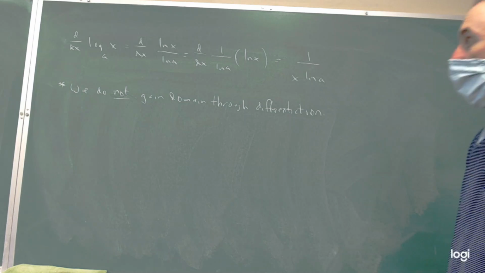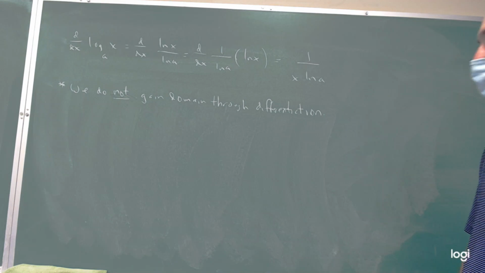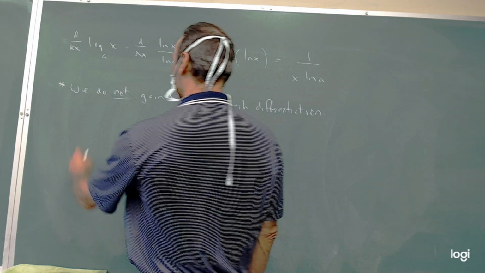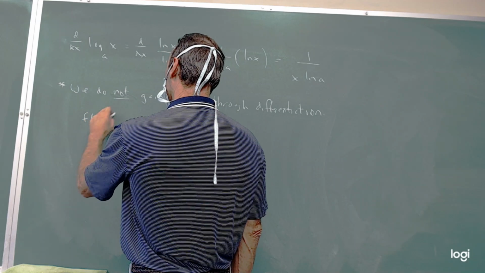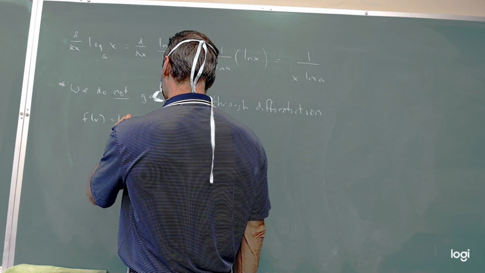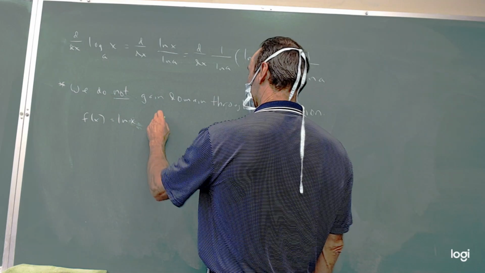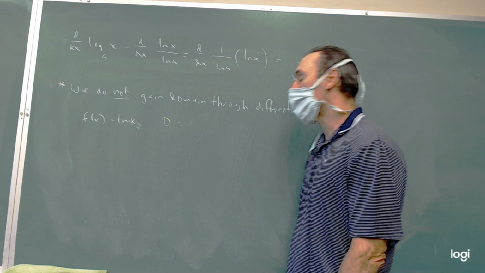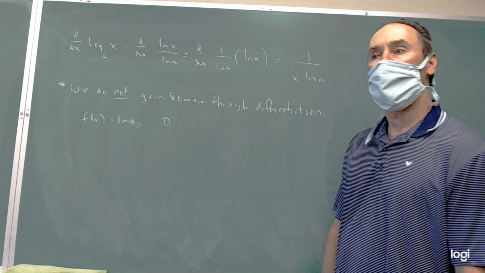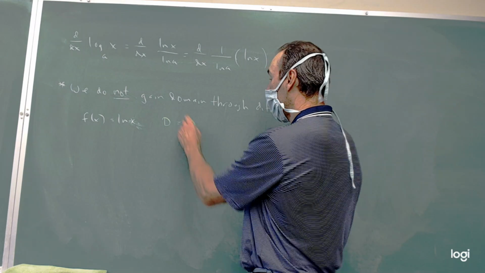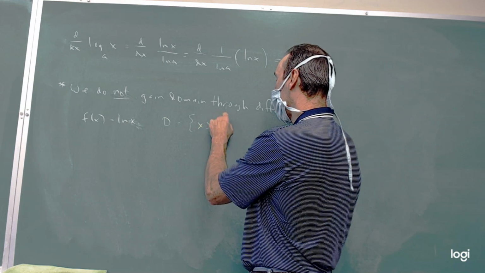Sometimes you might lose a number in your domain if the derivative doesn't exist there. But we start out with, say, f of x is equal to natural log of x. Well, as we write that, looking in the background, what is the domain of f? x is greater than 0. Is that okay? So our domain is just x greater than 0.